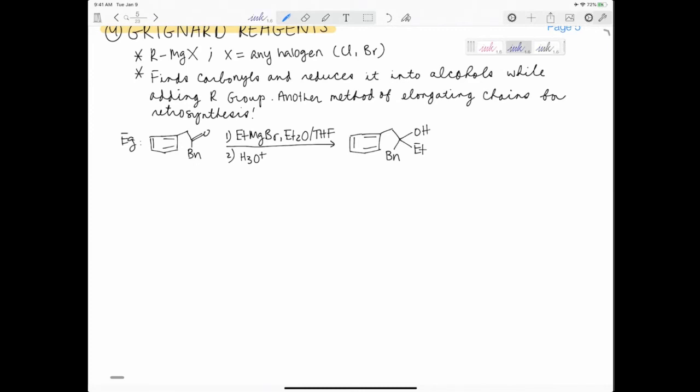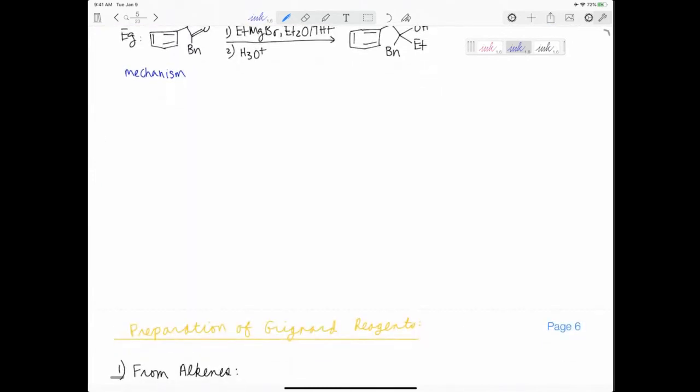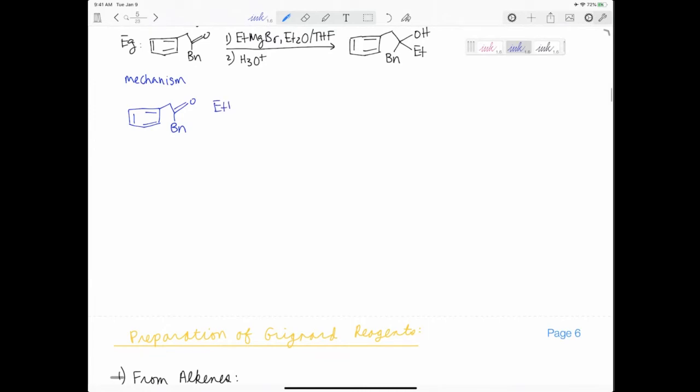Of course, we have to look at the mechanism for that to understand what's going on. I have my starting material right here, and ethyl magnesium bromide. You have to split the reagent into two parts, the nucleophilic part and the positively charged part.